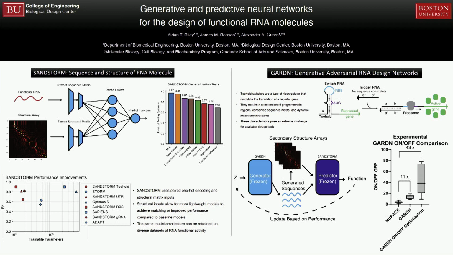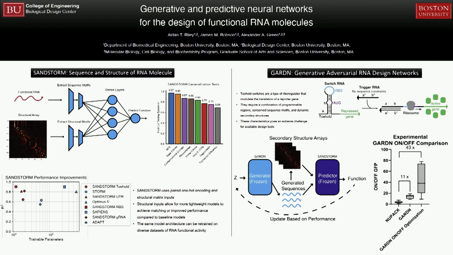But as RNA biologists, we know that secondary structure is one of the most impactful attributes of an RNA molecule to describe how it functions. So what we did was develop a generalized architecture that accepts paired one-hot encoding and structural array representations of RNA molecules into a lightweight predictive architecture that can be rapidly retrained on diverse classes.